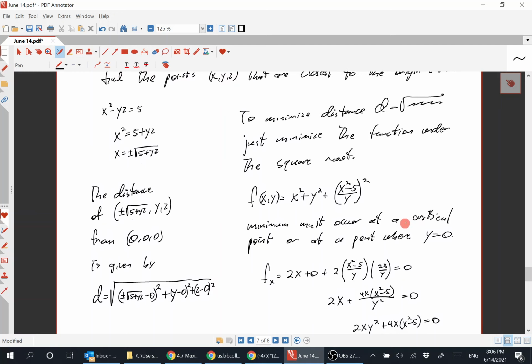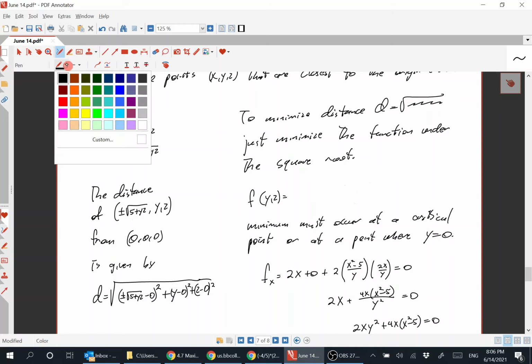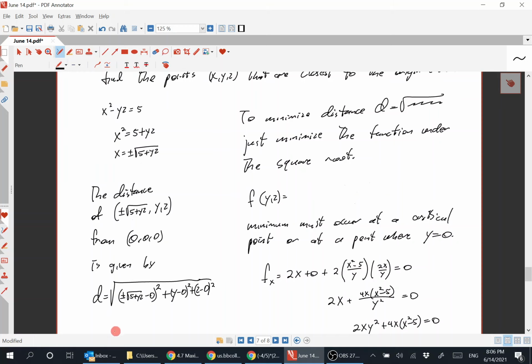So to minimize the square root, you just minimize the function underneath the square root. So the function is in terms of y and z, and then we don't even have to worry about the plus or minus business. It just becomes 5y plus z plus y squared plus z squared.